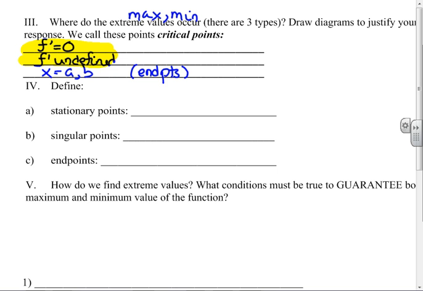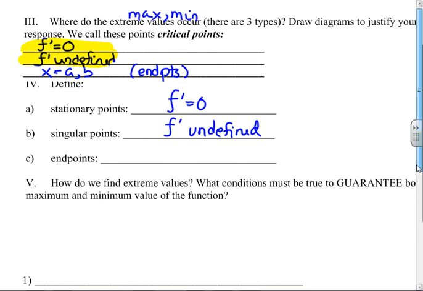Okay, so stationary points. This is just vocab. I'm not going to test you on this at all. I might use that word, but often I don't. It's where the derivative is 0. Singular points are where the derivative is undefined. Because you're going to see these words in your textbook. But I've never seen them used on the exam. Extreme values? Yes, I have.